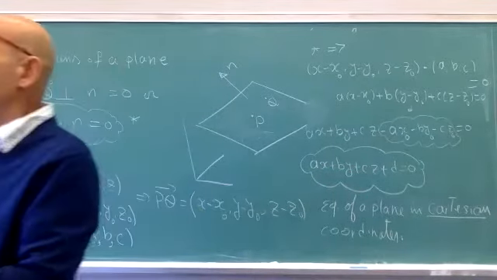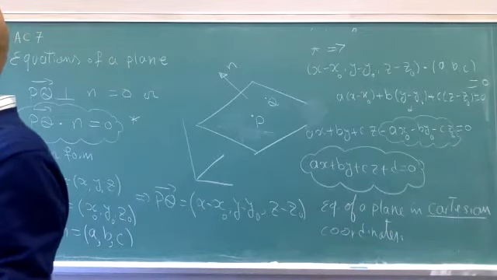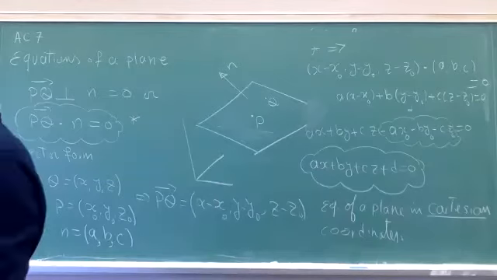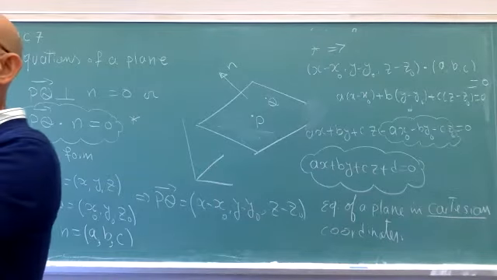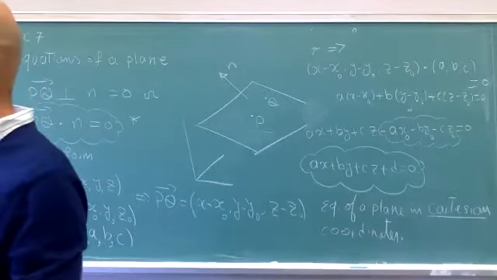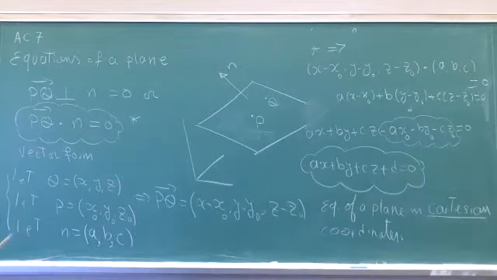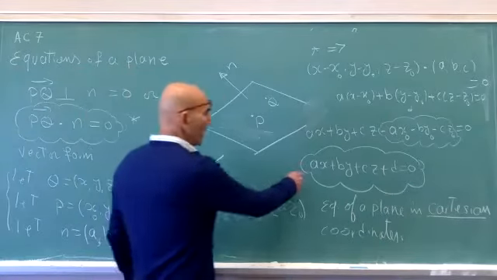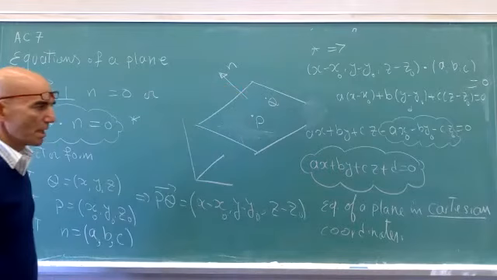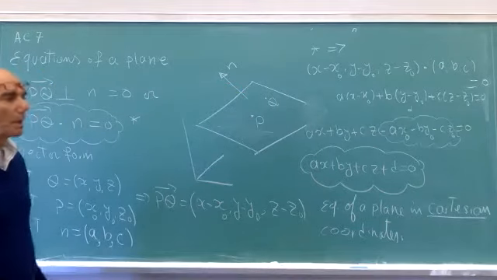If all three are zero, this vector is really the zero vector, and the zero vector doesn't have a direction, so it doesn't specify the plane. So we have to make sure that the vector is non-zero. Always, in an equation of a plane, one of A, B, C has to be non-zero.